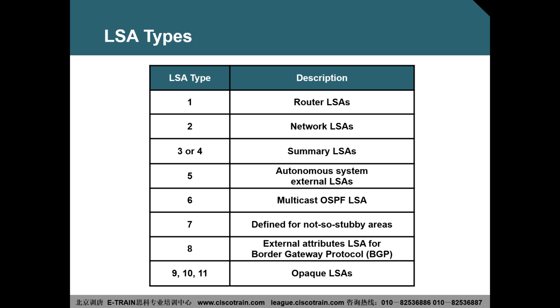These LSAs are used to carry OSPFv3 related advertisements, that is IPv6, not IPv4. And also they are used in some other places like traffic engineering using RSVP, segment routing, etc.